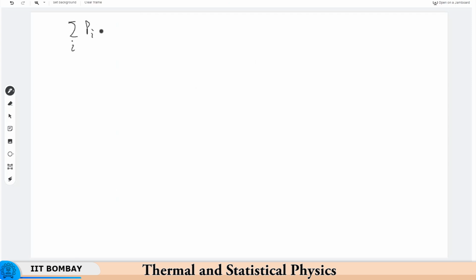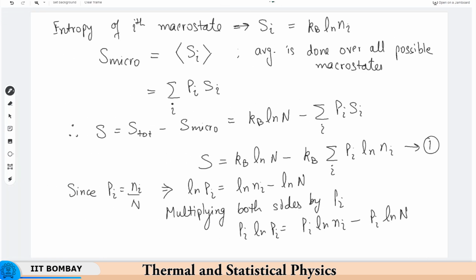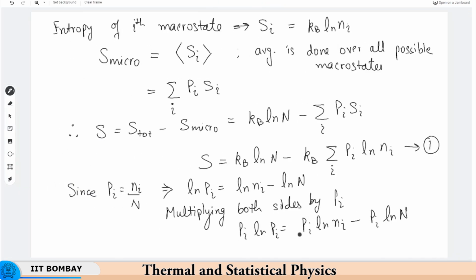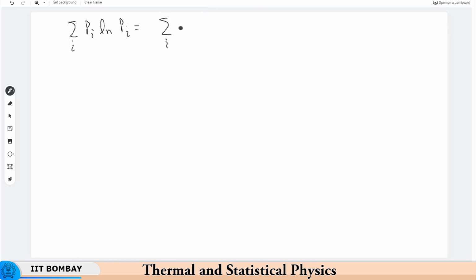the sum of Pi log Pi equals the sum of Pi log ni minus the sum of Pi log n. And what is sigma Pi?